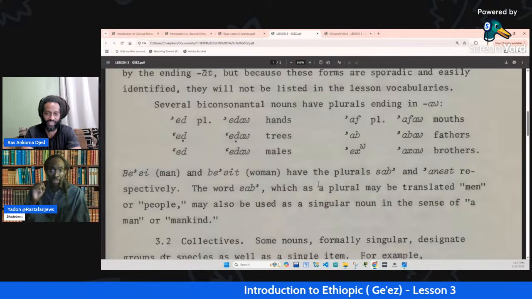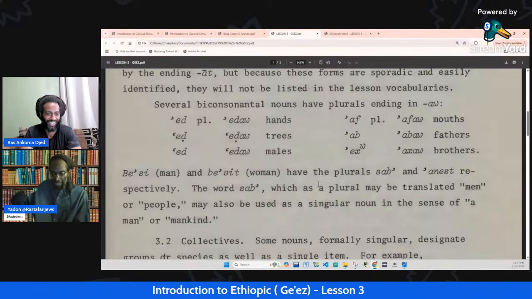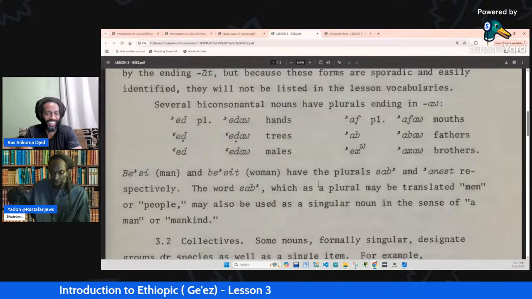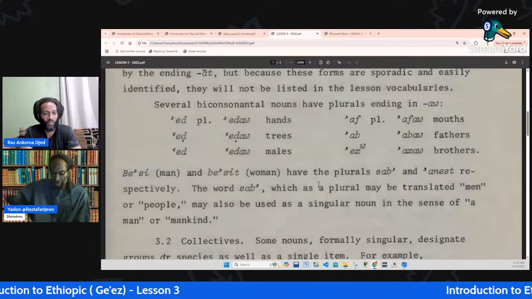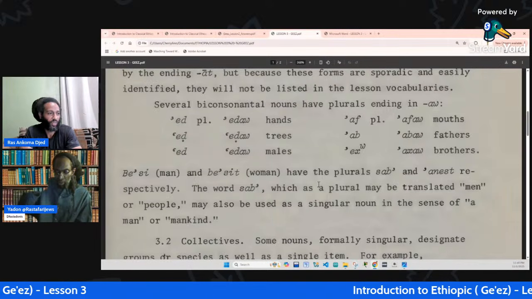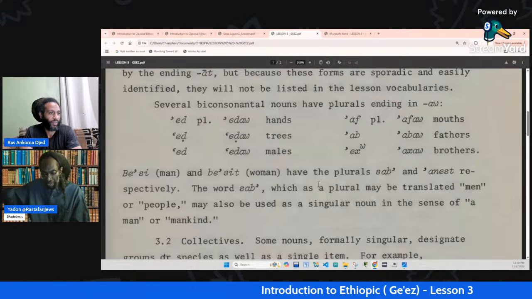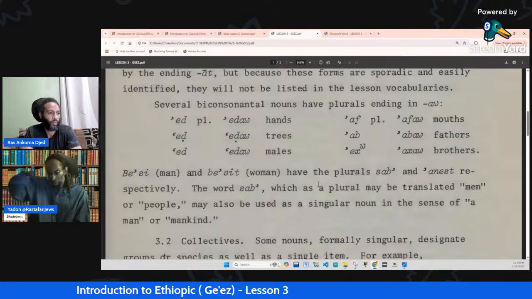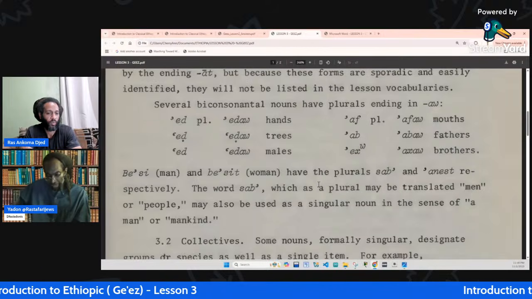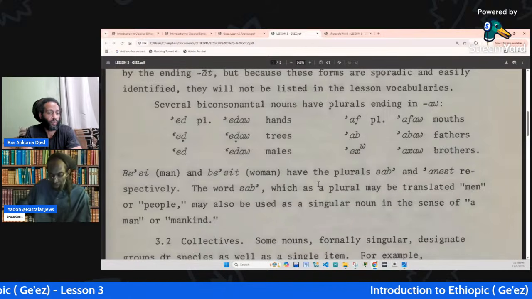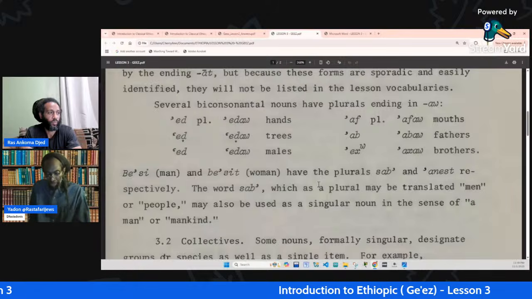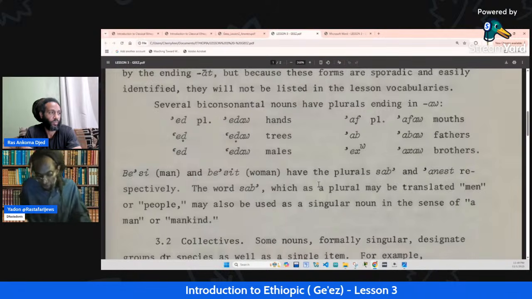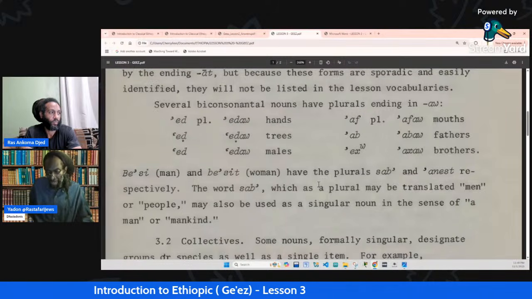Remember the pattern: the a without the bar over it is the short a. The long a is only when you see in the transliteration the a with a bar over it, like the at and the an.